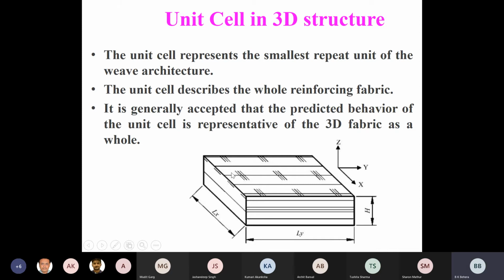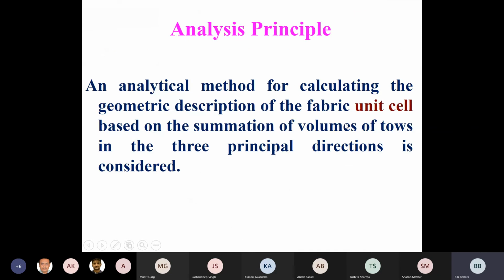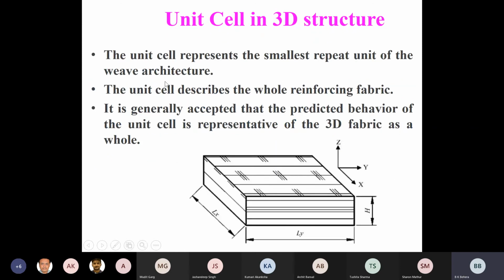It has a constant length, breadth and height: Lx, Ly and H. So this is called the unit cell and you can find out the volume. And if you know the volume occupied by these fibers kept inside, as written here, the fiber volume, the summation of the volume of taus. Taus is nothing but yarns. Total taus used in this fabric. Then you can find out the geometrical parameters of this fabric.